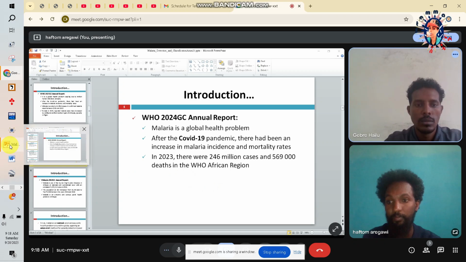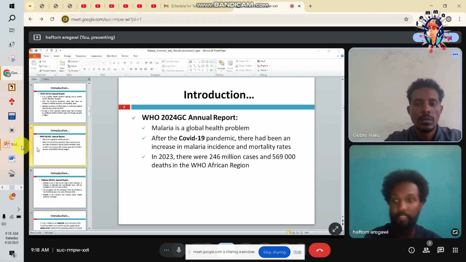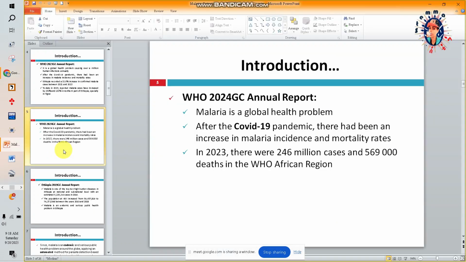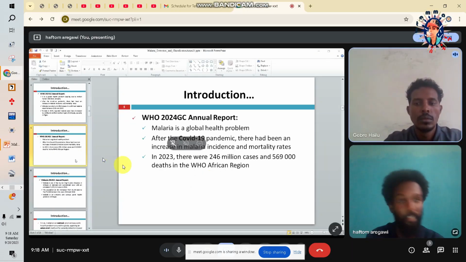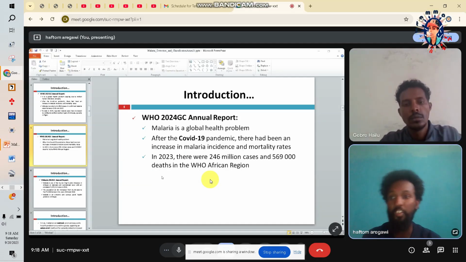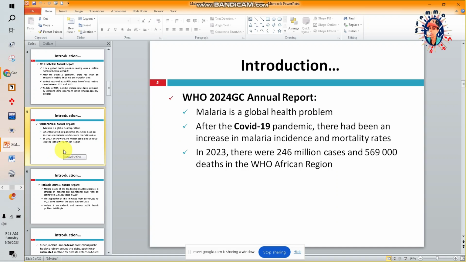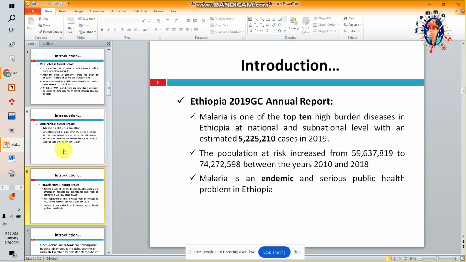After the COVID-19 pandemic, there was an increase in malaria incidence and mortality rates. In 2023, there were 246 million cases and 569,000 deaths in the WHO African region, especially in sub-Saharan countries.